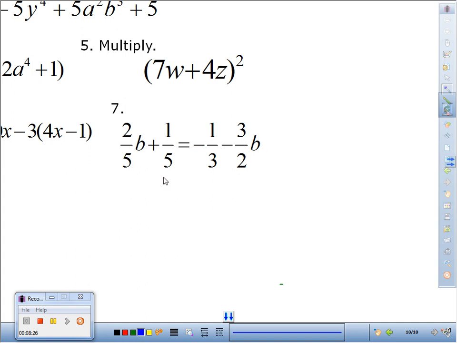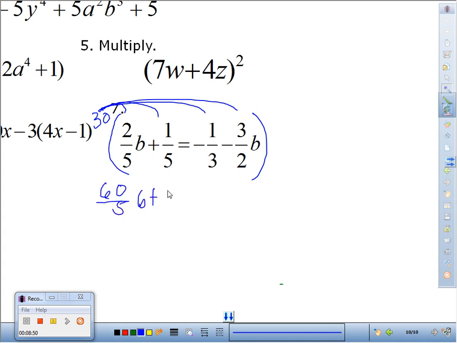Number 7, we have fractions all over the place. What do? Oh, common denominator. So we multiply times the common denominator. So these are the same. What's the common denominator between 5 and 3? That's 15. Between 15 and 2, that's 30. So I multiply times 30, the whole equation, but just the numerators. This becomes 60 over 5b plus 30 over 5 equals negative 30 over 3.